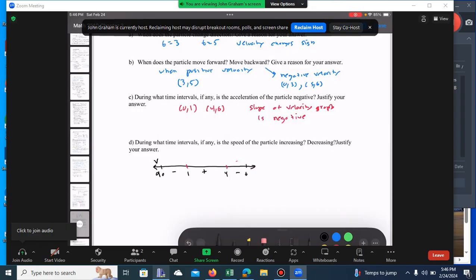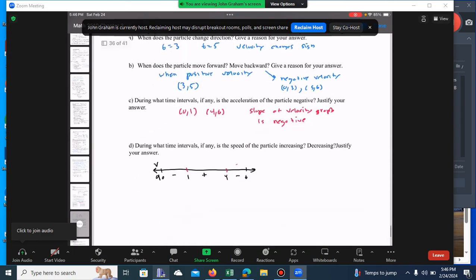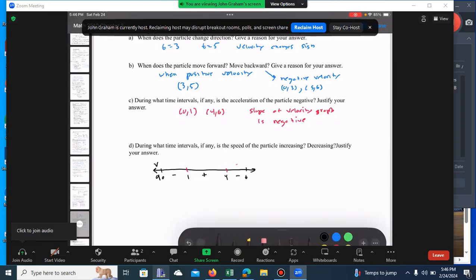Now velocity is positive between 3 and 5. So it's negative between 5 and 6, between 1 and 3, and between 0 and 1.